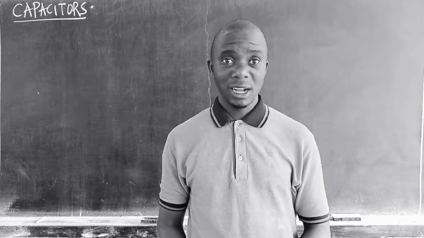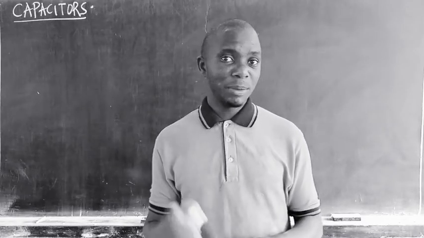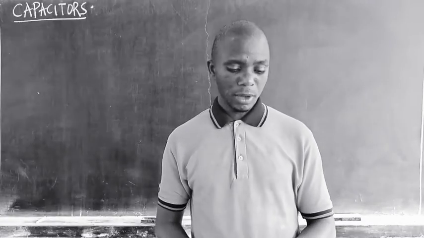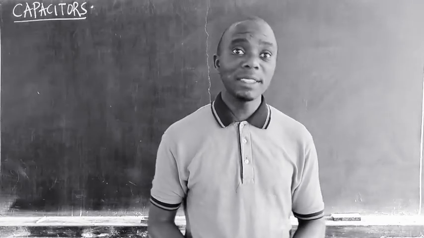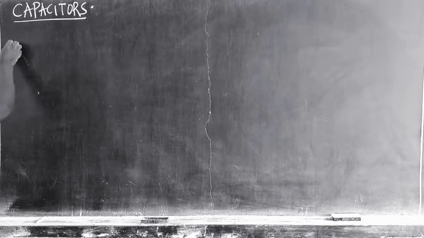We have not seen a capacitor before. We have seen resistors, whatever, but the capacitors in the lower levels, I know we have not seen them. How is a capacitor represented then? A capacitor is represented as this.